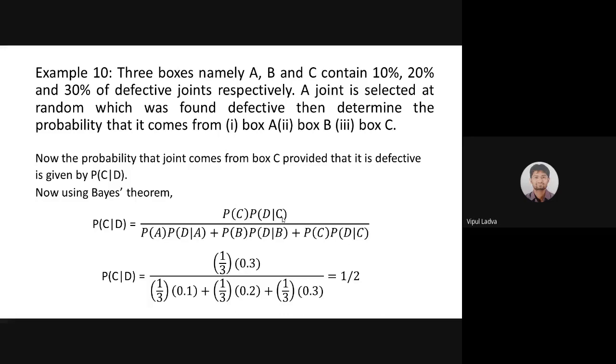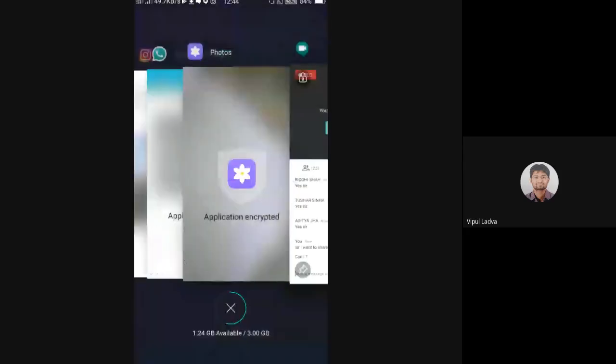Bipin says, sir, I want to share. Yes please Bipin, share your screen. Bipin Kantaria is going to share his screen, and let's have a look over that. So here is Bipin's screen.